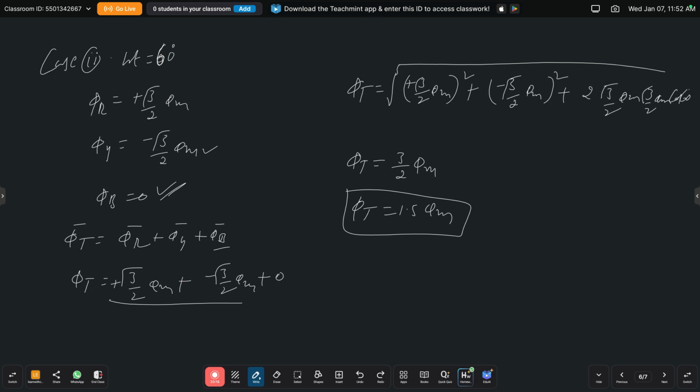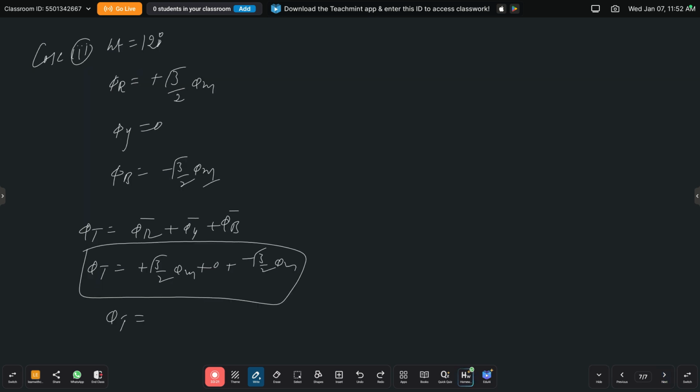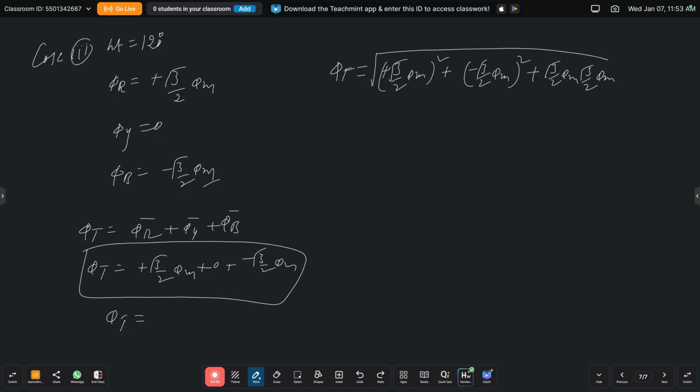Here also, let us calculate the total resultant flux. Pi t, the total flux, using the same parallelogram principle, is equal to the square root of (Pi r, plus root 3 by 2 into Pi m) whole square, plus (Pi b, minus root 3 by 2 into Pi m) whole square, with minus minus becoming plus root 3 by 2 into Pi m into cos 60.